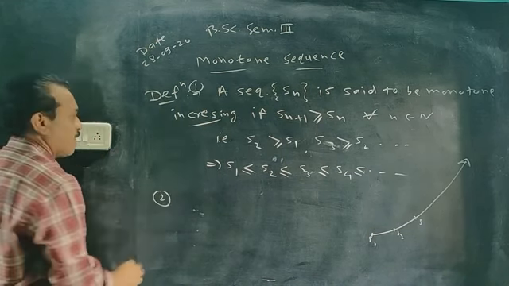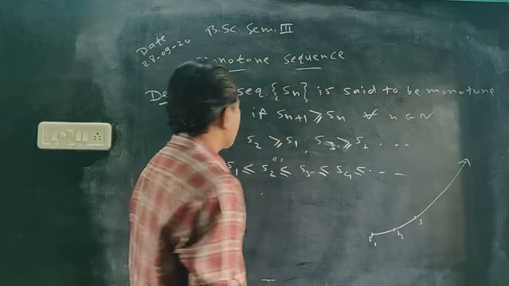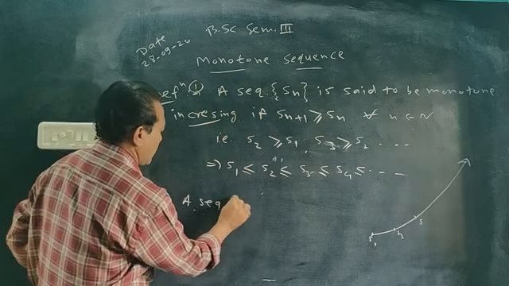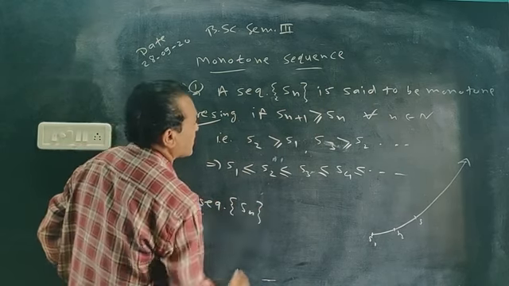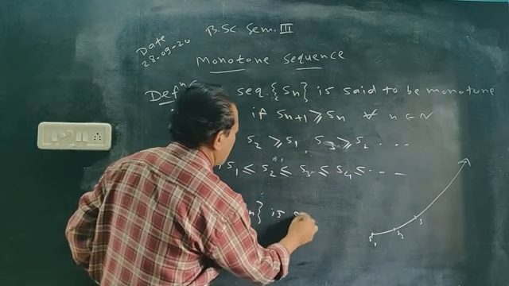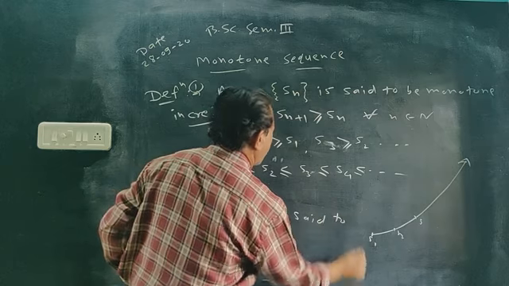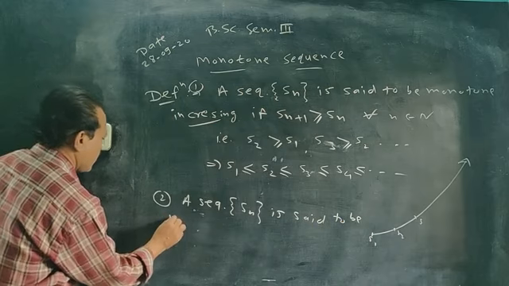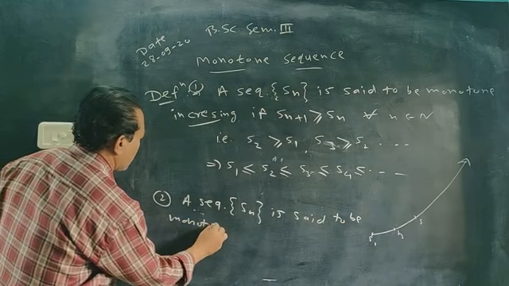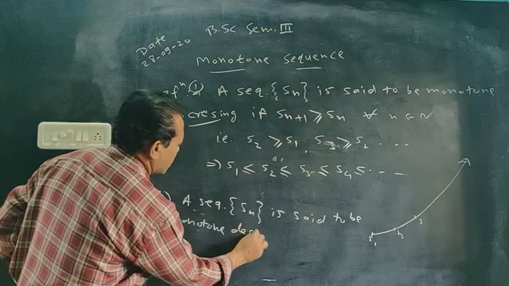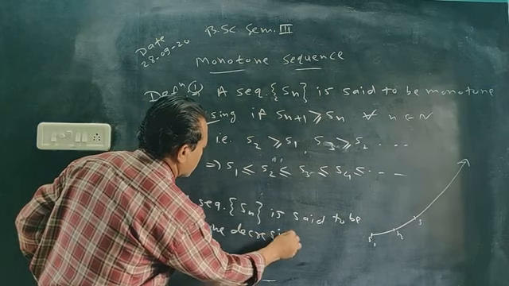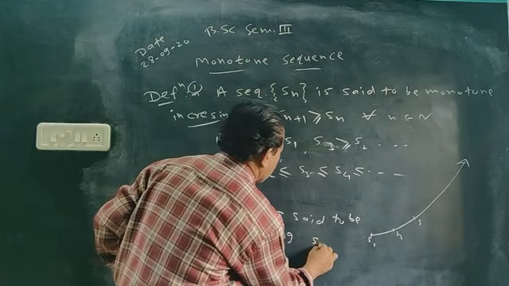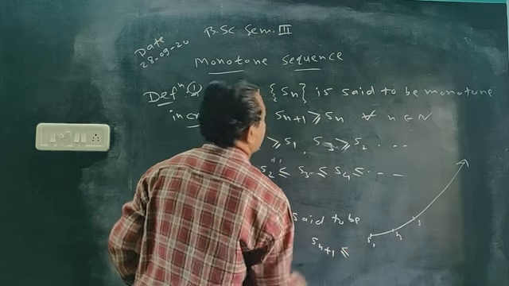Second, decreasing. A sequence Sn is said to be monotonic decreasing if Sn plus 1 will be less than Sn.